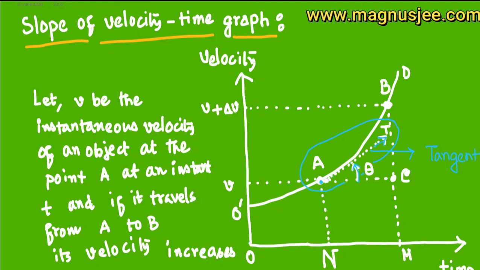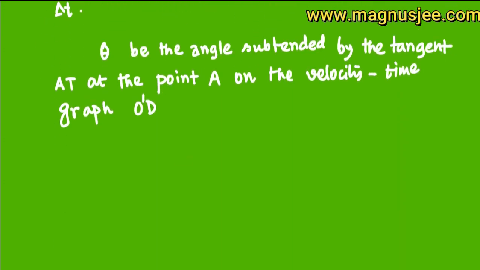Here this is the angle theta subtended by the tangent AT with the time axis, and theta is the angle subtended by the tangent AT with AC, that is, with the time axis, because AC is parallel to the time axis.